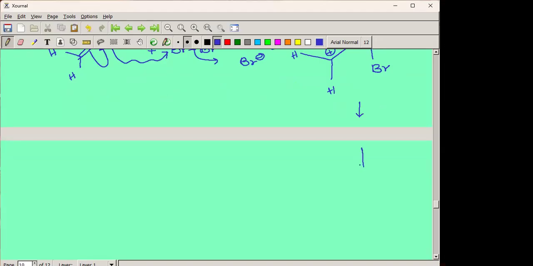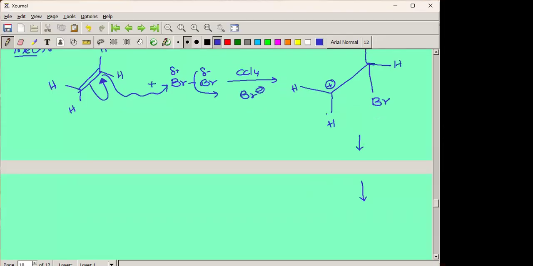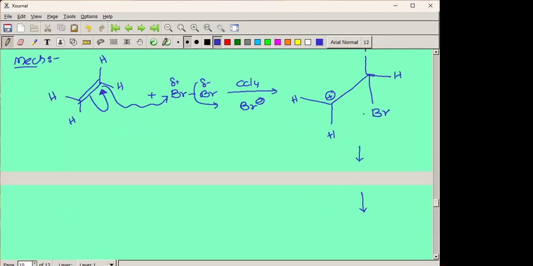Carbocation, sir. Carbocation. There is no chance of continuation, so I write it like this. See here, the bromine has lone pair electrons. Our intermediate is a carbocation, but this carbocation is not stable due to the presence of these lone pair electrons.